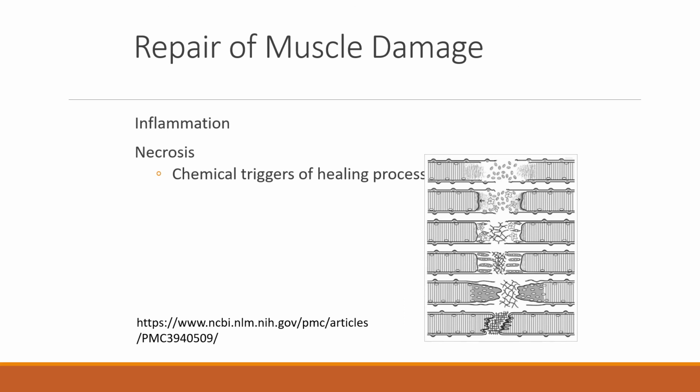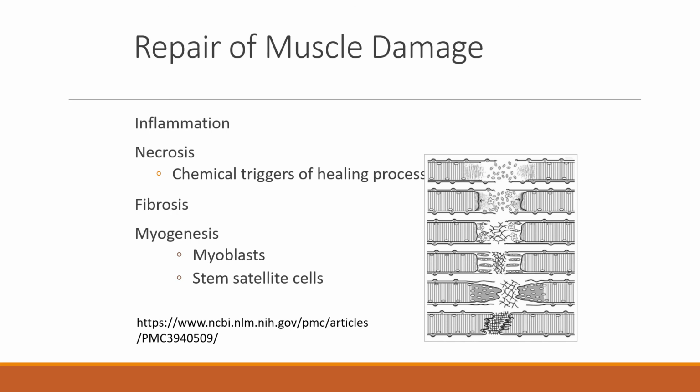The necrosis causes chemical triggers to be released that facilitate the healing process, such as first the formation of the microvascular bed, which is called granulation tissue, that supports fibrosis, or the formation of scar tissue, which is mainly disorganized collagen fibers.